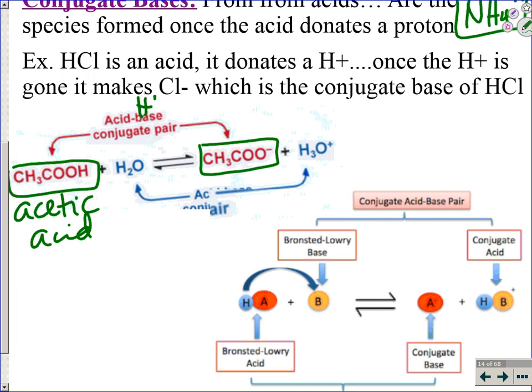Right, there's one H plus difference between them. So in this case, I'm not going to say lost it. What's the definition of a Bronsted acid? Right, they donated an H plus. So that H popped off to make it overall a negative charge at the end. And then we'll look at some actual examples. So pull out the front page of the lecture notes right here.